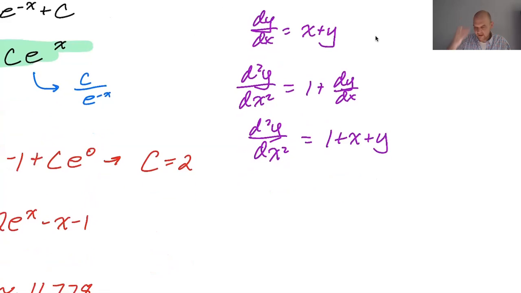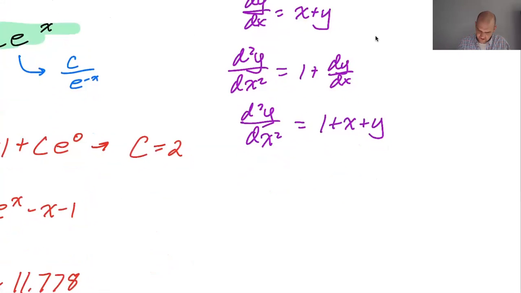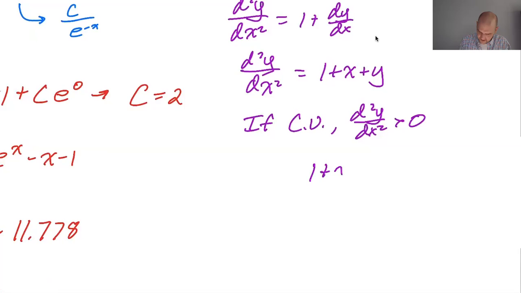All right, so what happens here? If the solution curve is going to be concave up, then the second derivative has to be greater than 0, which means that 1 plus x plus y is greater than 0, which means y is greater than negative x minus 1.